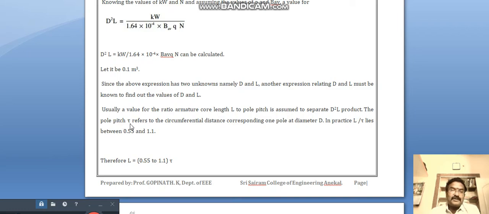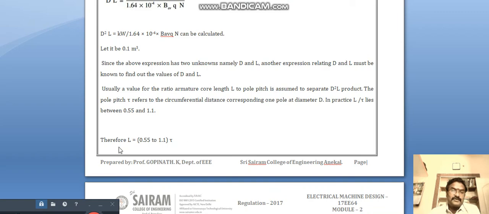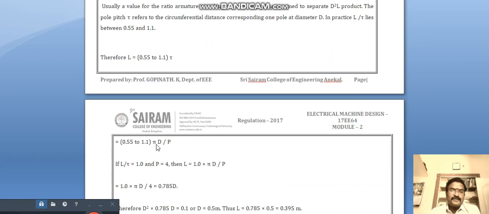The pole pitch tau refers to the circumferential distance corresponding to one pole at diameter D. In practice, L by tau lies between 0.55 and 1.11. So L is equal to 0.55 to 1.11 tau, where tau is pi D by P.